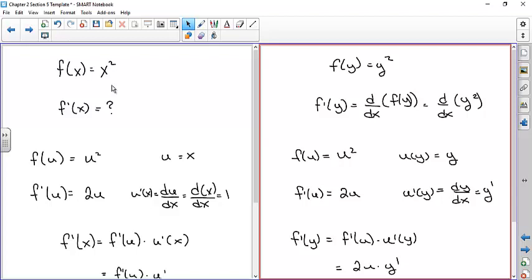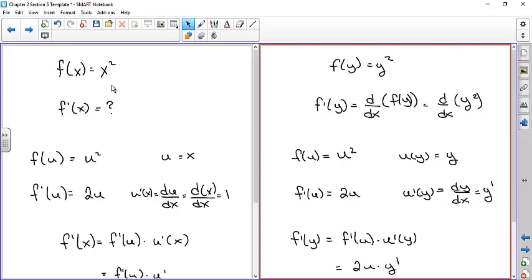If I took the derivative with respect to y, it would be 1, but I'm taking the derivative with respect to x. So instead of dx, which becomes 1, you take its dy dx. So I get y prime instead. dy dx is y prime.